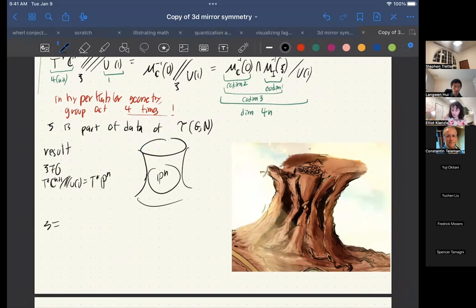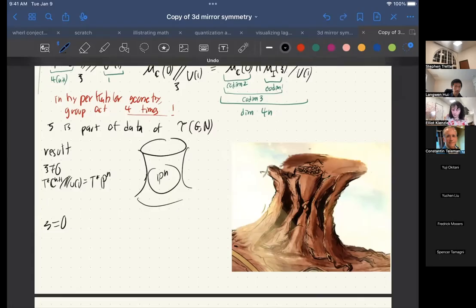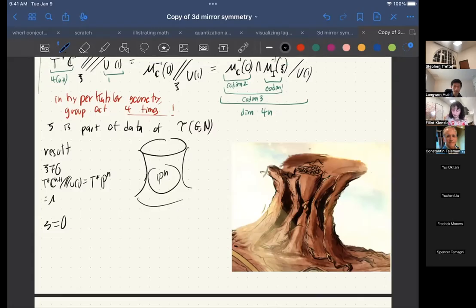When c is equal to 0, we get something different. Oh, and by the way, sorry, the point of all this computation was that this is equal to the Higgs branch of this data.